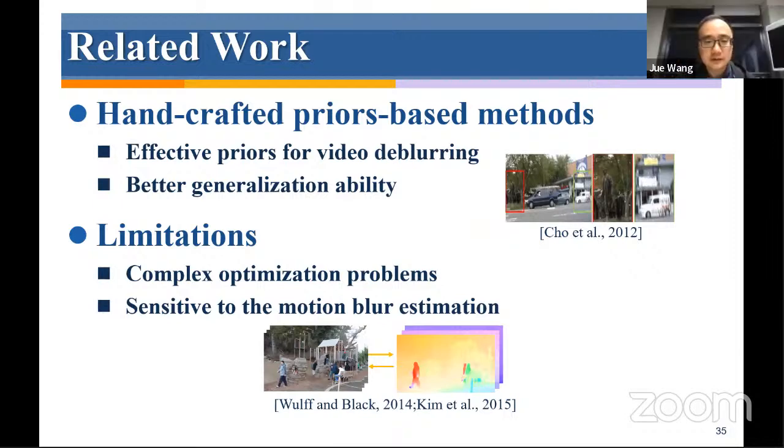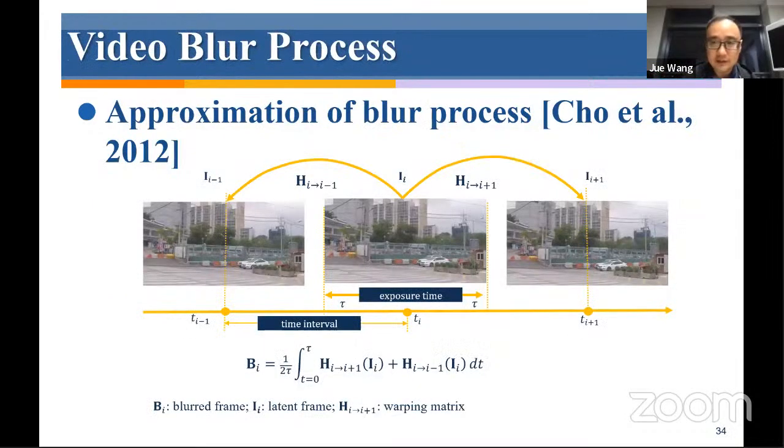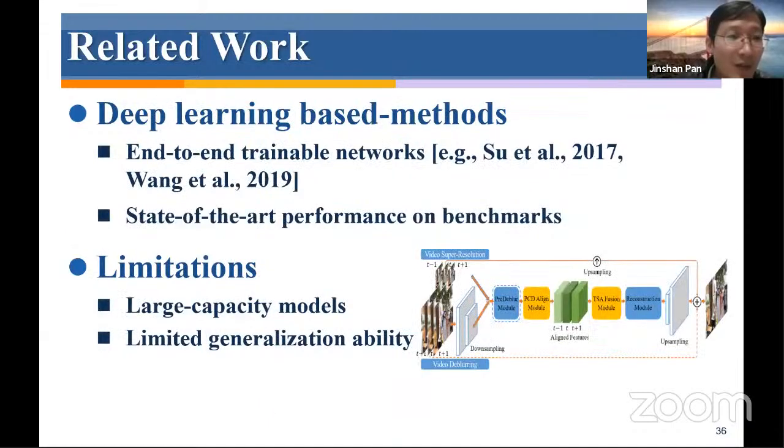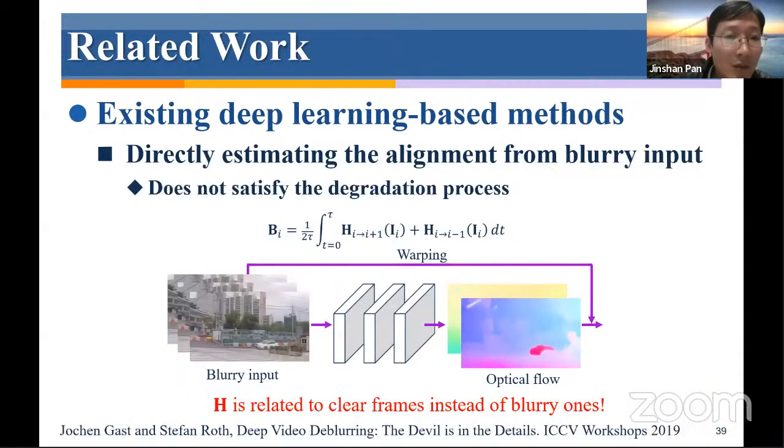Right. So the physics model mainly motivated our method like this one, because we found that based on the degradation process, the alignment information should be related to the clear frames instead of the blurry ones.